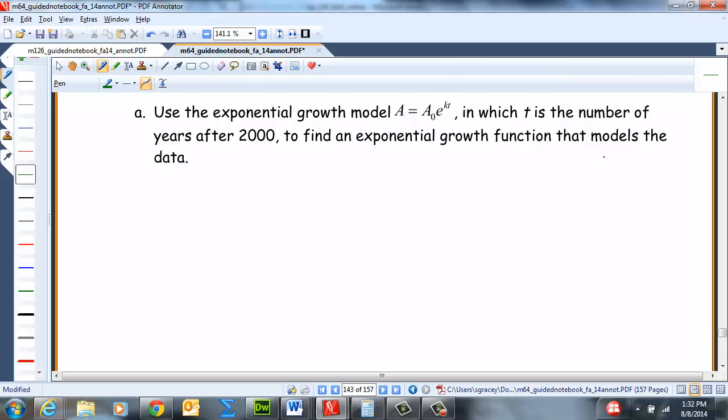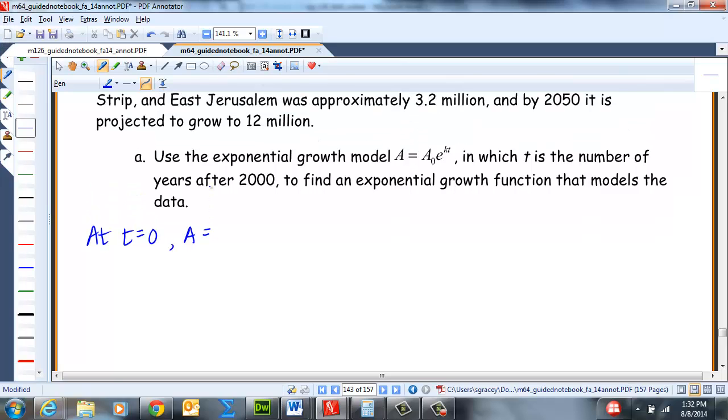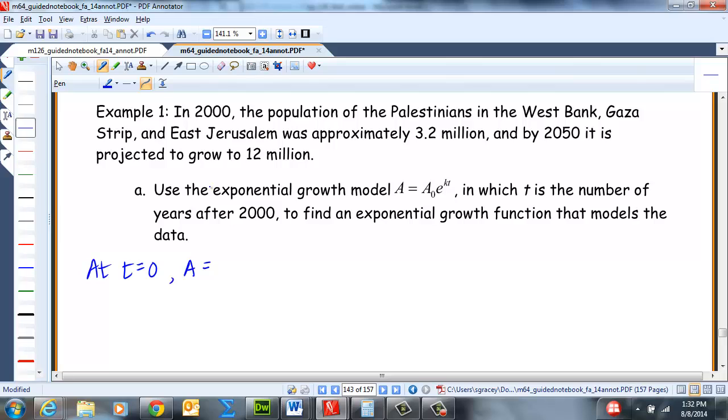So let's do it. At t equal to 0 will be in the year 2000, and A is equal to what? What do you think? What was it? Let's scroll back up. Good. A was equal to 3.2. That's in millions.